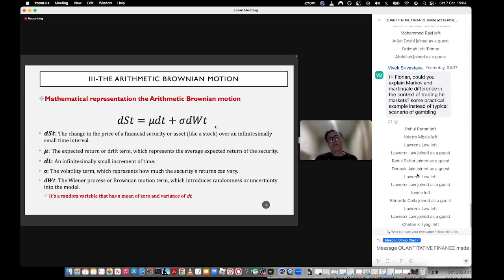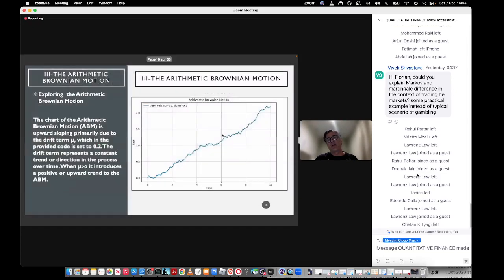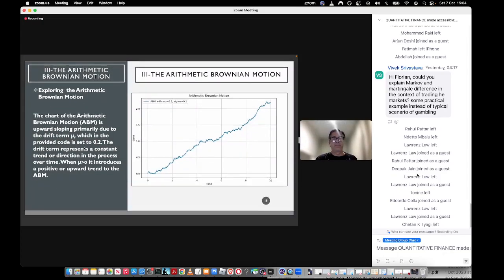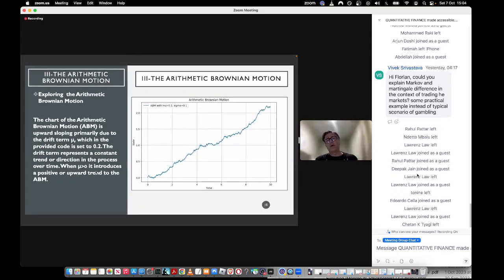But still, there is this random part which accounts for the volatility around the average move of the stock.